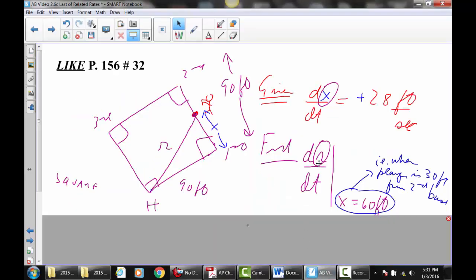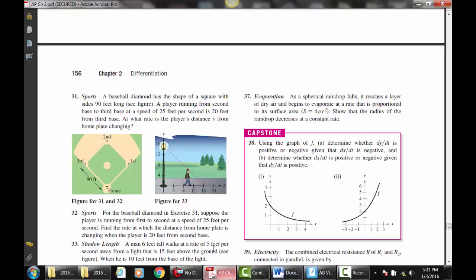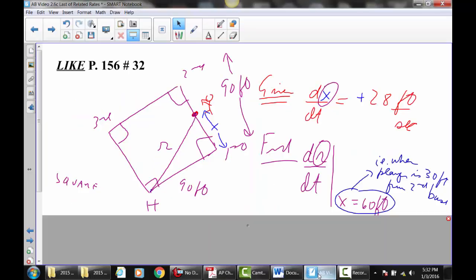In my example, he's running at 28 feet per second. Mine's faster. So he is running between first and second such that this distance x is increasing at the rate of 28 feet per second. The question is, find the rate at which the distance between the player and home plate is changing when the player is 20 feet from home base.